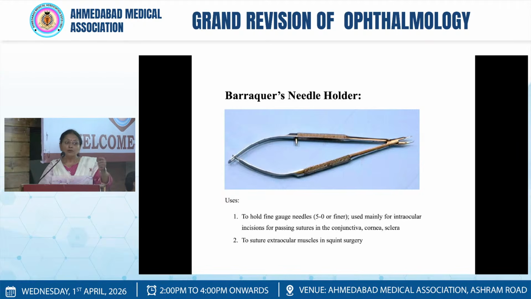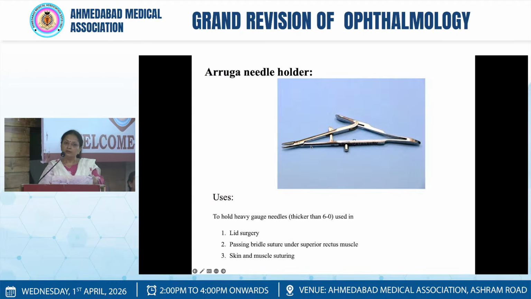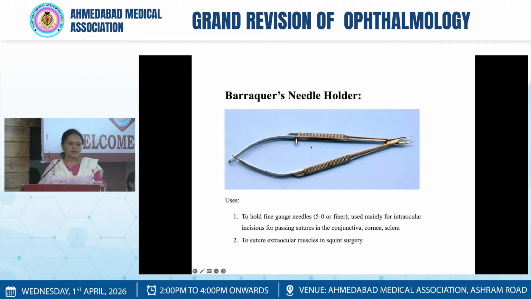Then you have to differentiate between this and Barraquer's needle holder. This is delicate as compared to this needle holder, and to hold the fine gauge needles we are using, that is 8-0, 9-0, 10-0 and 11-0 suture material.